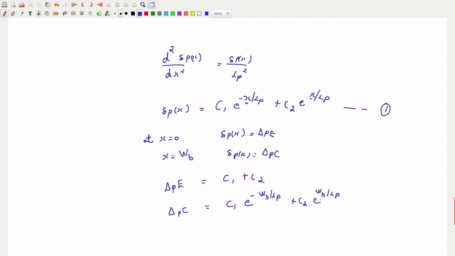Now in order to solve, we have two equations. If we have two equations and we need to find two variables, we can solve for it. What we can do is multiply equation 1, here we can number them as 2 and 3.